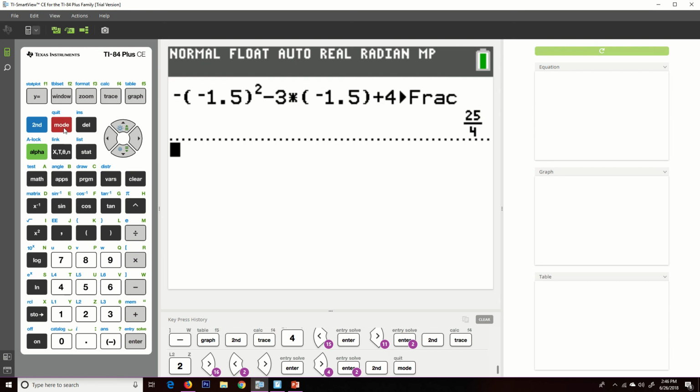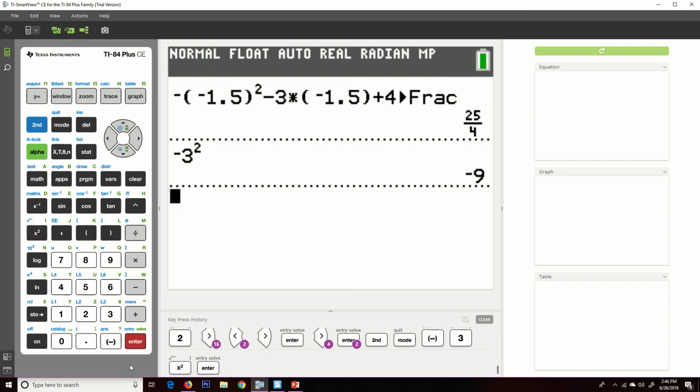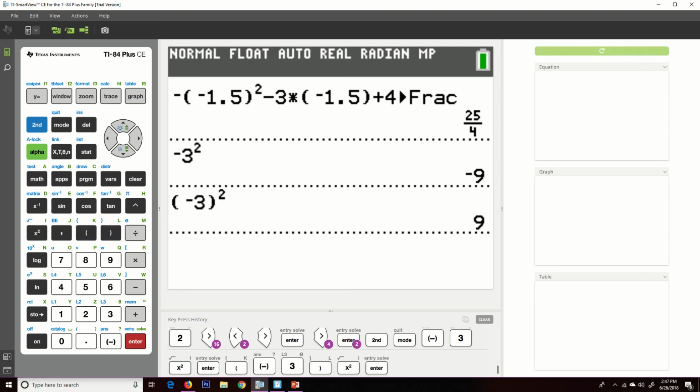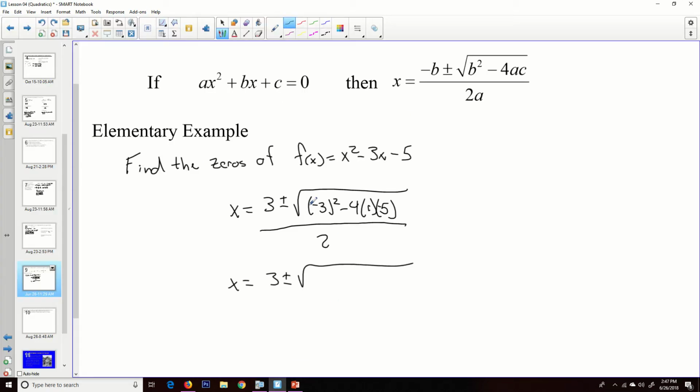But if you just go negative 3 squared like that, it gets negative 9. Now the reason is this follows the order of operations. Exponents are above multiplied by negative 1. So if you want to square a negative 3, make sure you put the parentheses around it so we get that positive 9 there. We don't have to do that, but we can do it in our head. So let's see here.